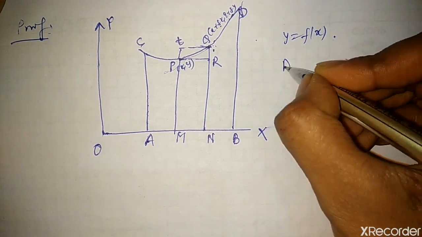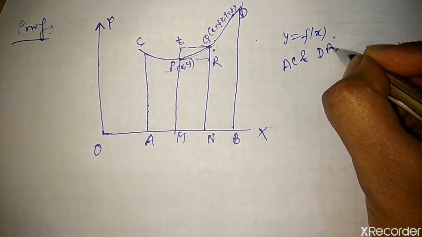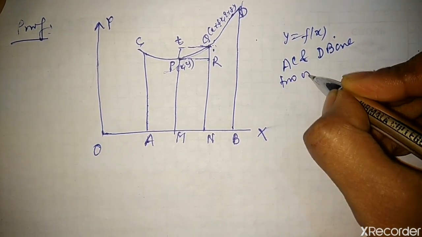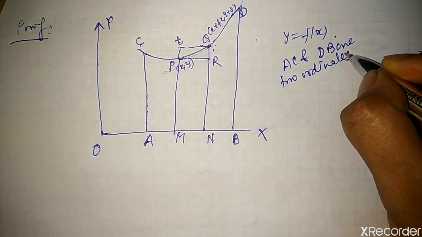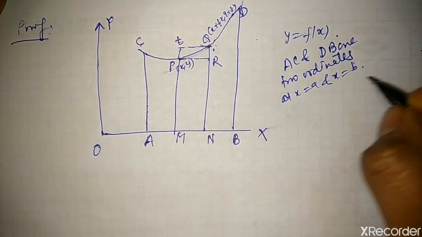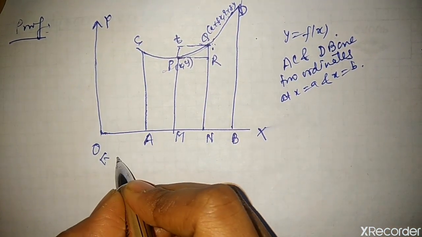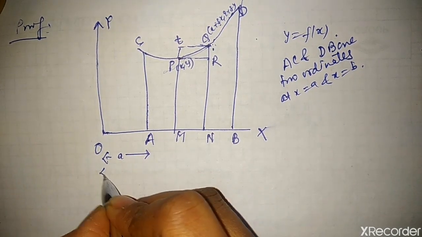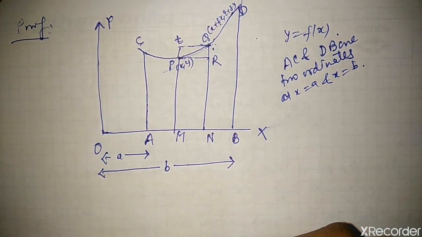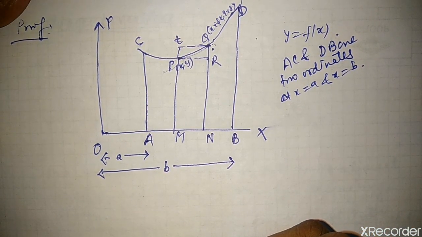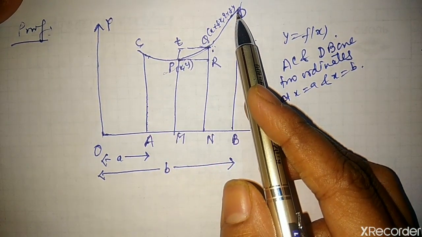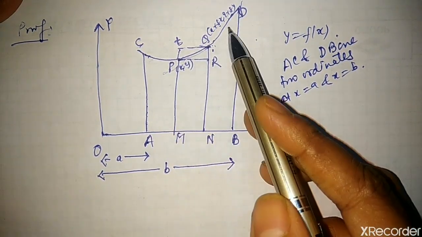So AC and DB are two ordinates at x equals a and x equals b. Therefore, this length is a and this length OB is b. Here we have to find the area of ABDC, this complete portion.